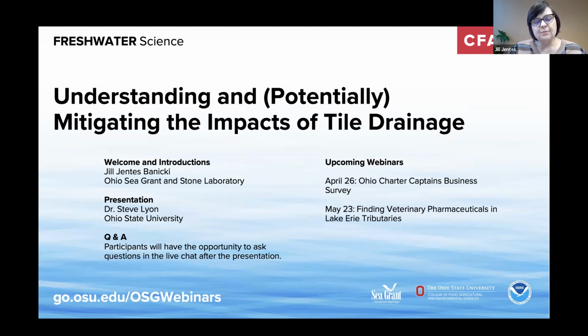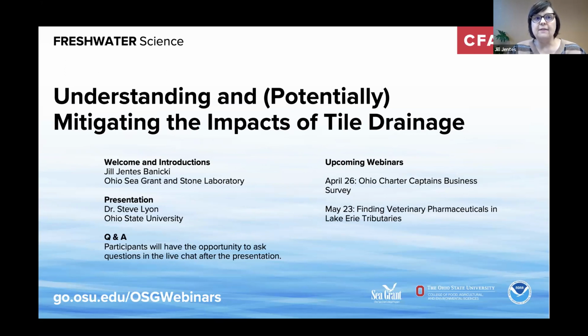I am Jill Gentis-Banicki from Ohio Sea Grant and Stone Laboratory, and joining me today is Dr. Steve Lyon from The Ohio State University. Dr. Lyon's research uses innovative approaches to characterize hydrological processes and engage people across scales to improve resource management in the face of coupled climate and land use change.